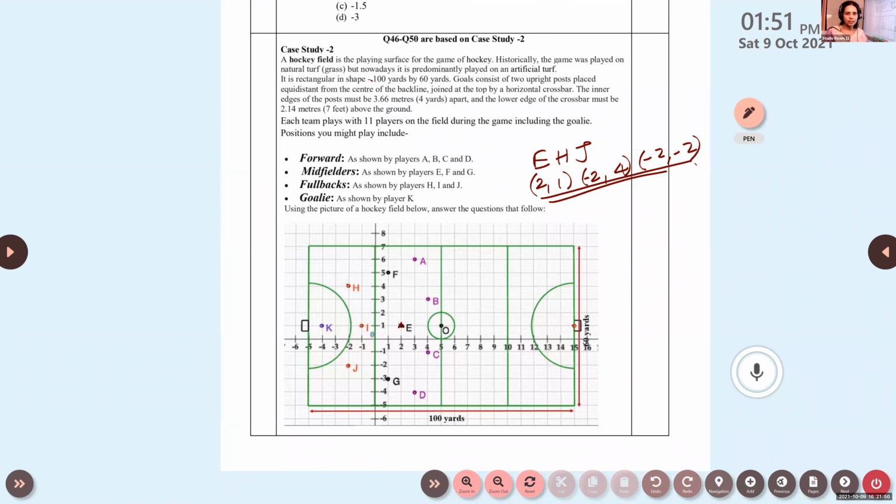Add all the x coordinates, divide by 3. Add all the y coordinates, divide by 3. Find out and tell me what the centroid is. What will be the centroid? Can you show the options?